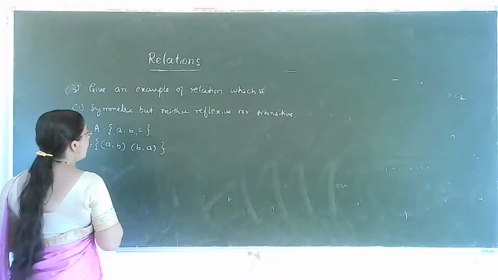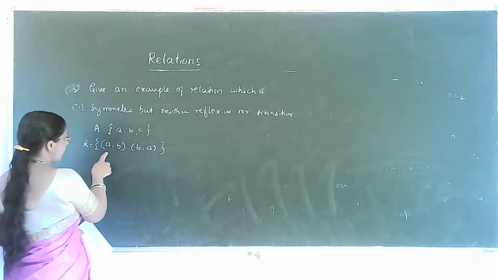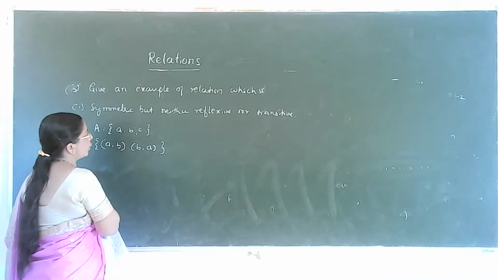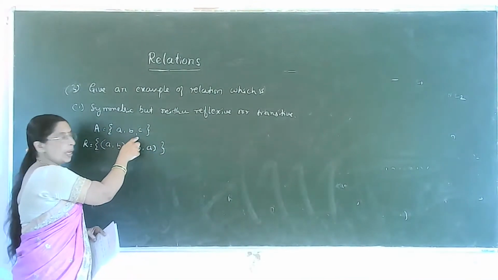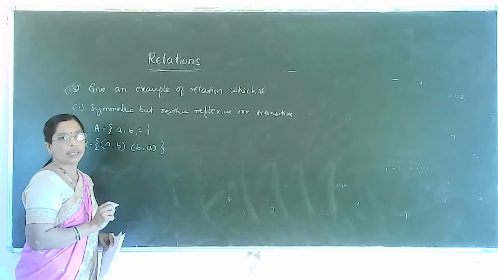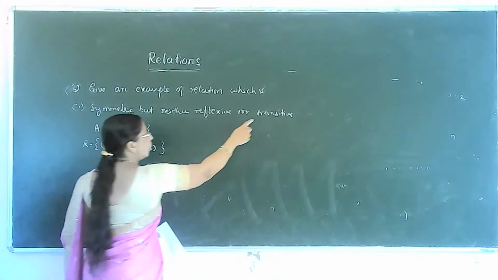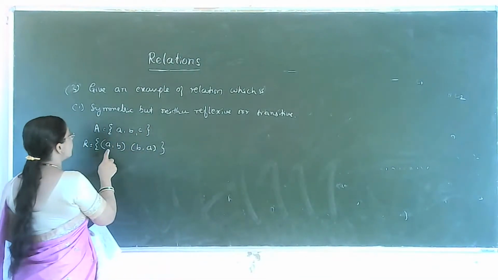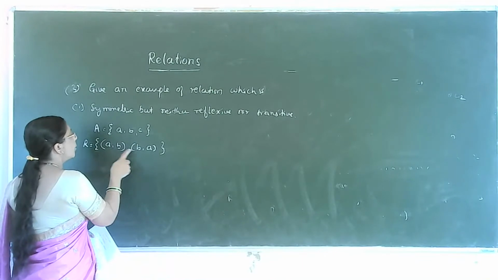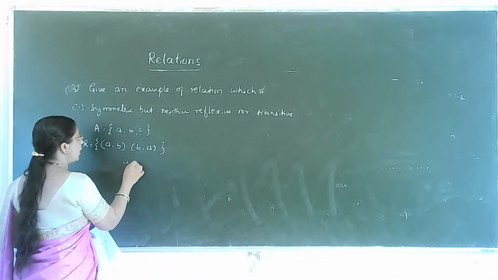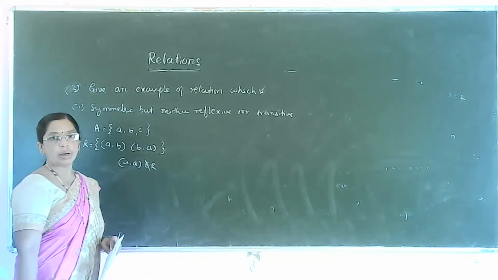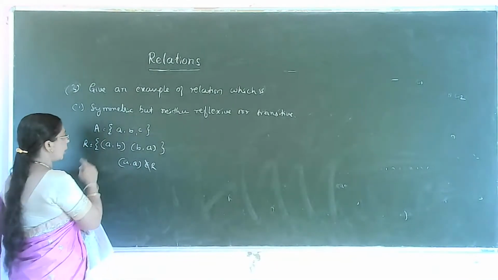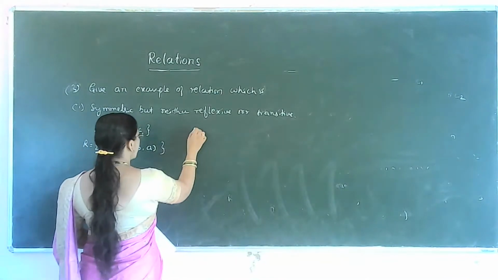It is symmetric because (a, b) is there and (b, a) is there. It's not reflexive because (a, a), (b, b) and (c, c) are not there. And not transitive because (a, b) is there, (b, a) is there, but (a, a) does not belong to R. Therefore, it's not transitive, and you can give this example.